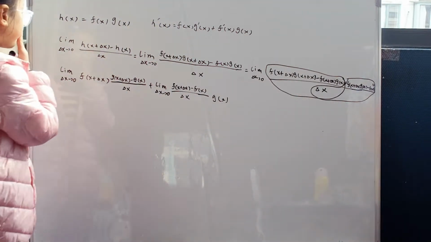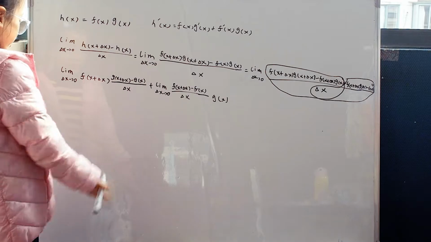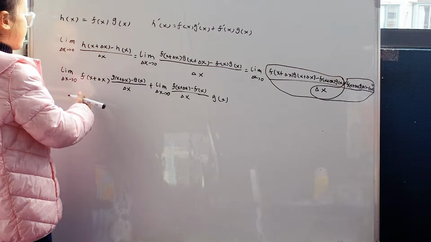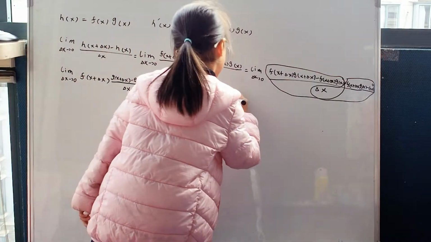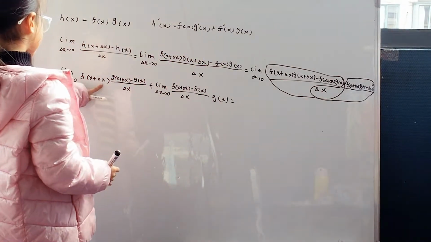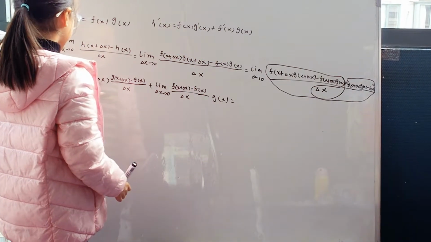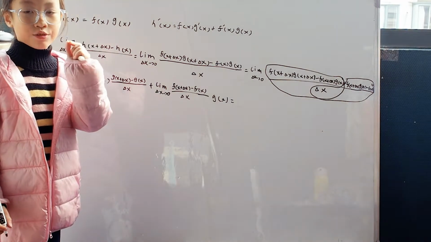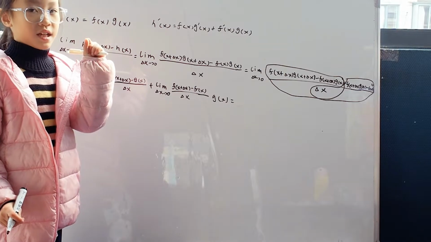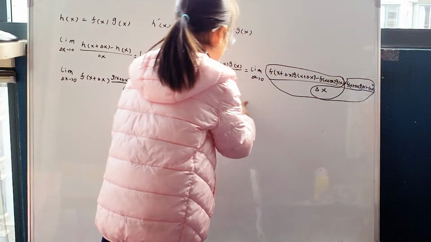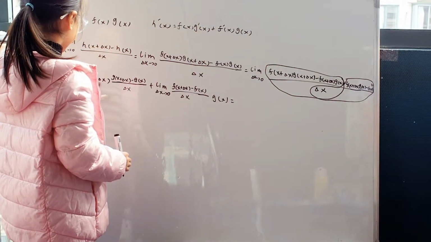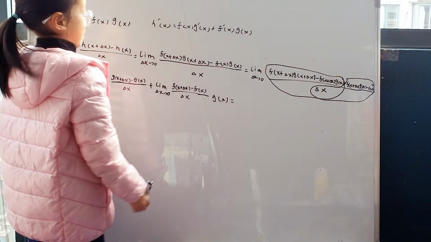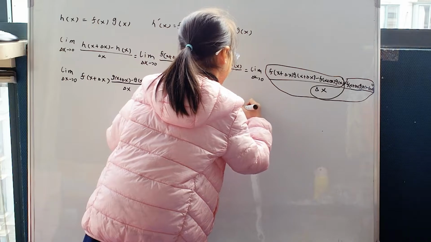Times g(x). After we take the limit, delta x becomes dx, which is so small that it is equal to 0, so we can write it as f(x).